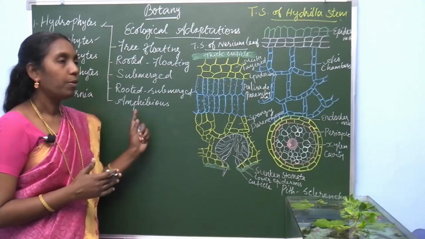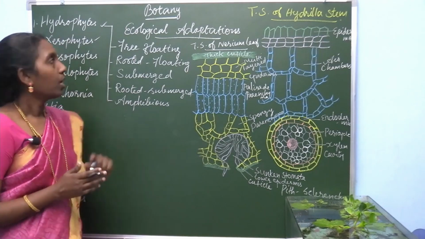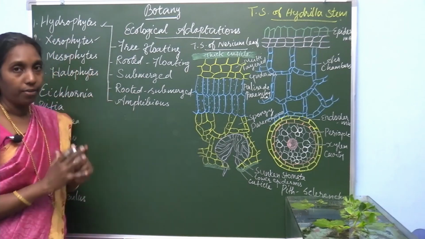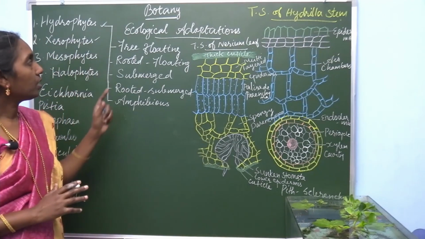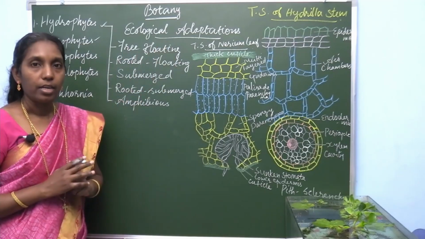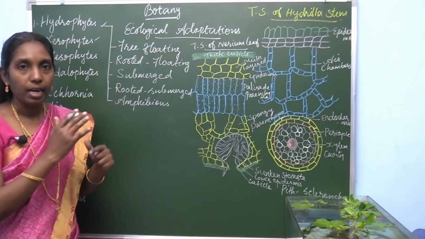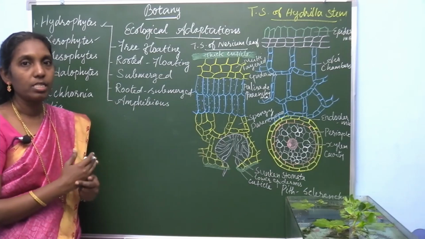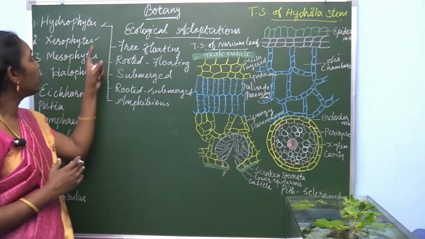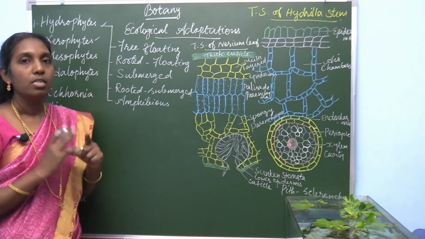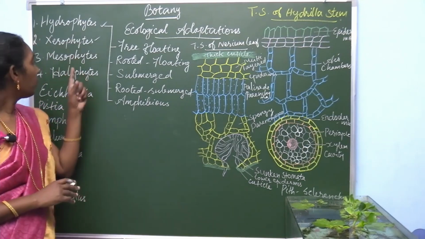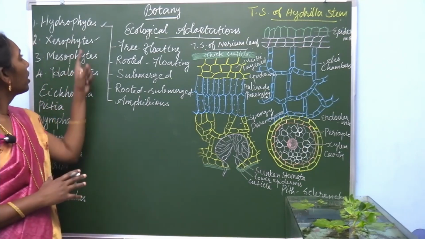So, first, hydrophytes classification is based on ecological adaptations and the habitat. Based on adaptations and habitats, the plants are classified into hydrophytes, xerophytes, mesophytes, halophytes.